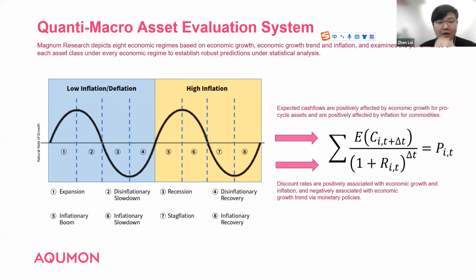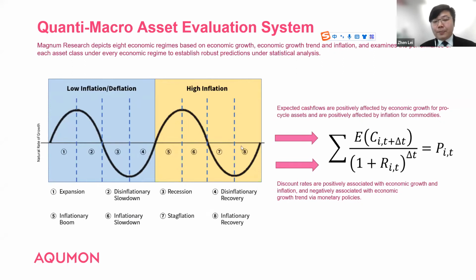So here we have a quantitative macro asset evaluation system. We try to categorize economic states into 8 groups from the low inflation part to the high inflation part. We have expansion, slowdown, recession, recovery, and we also have inflationary boom, inflationary slowdown, stagflation, and inflationary recovery.